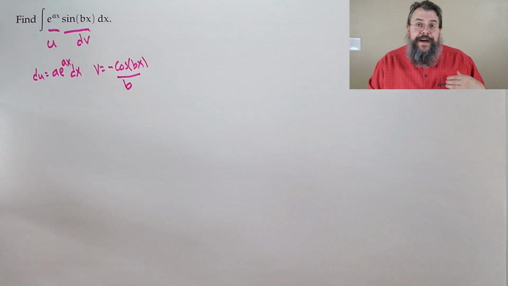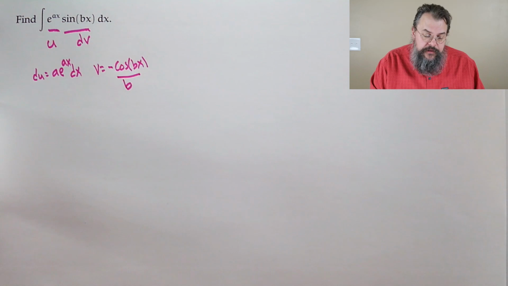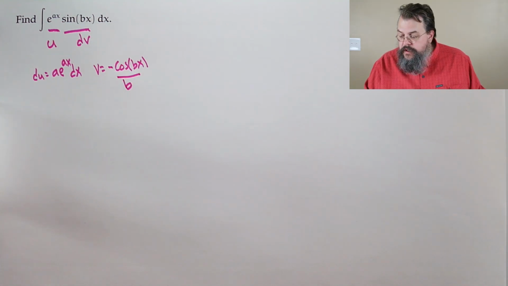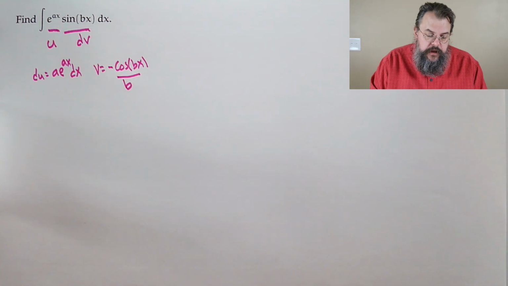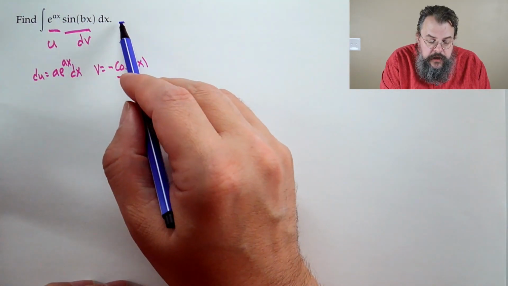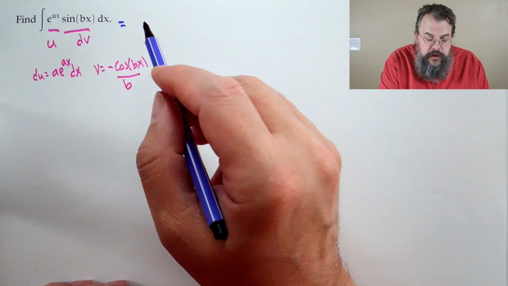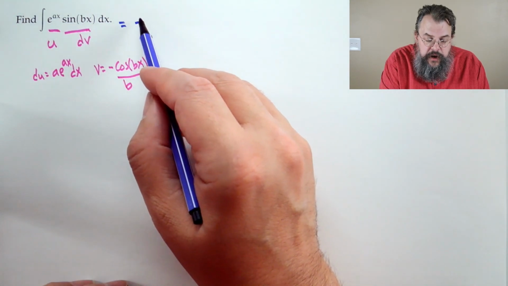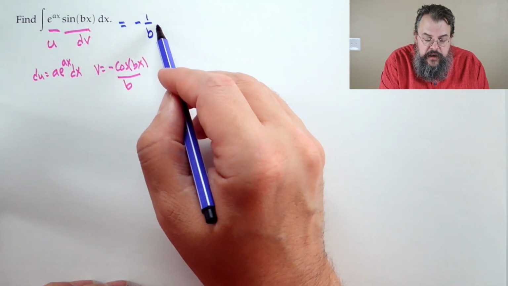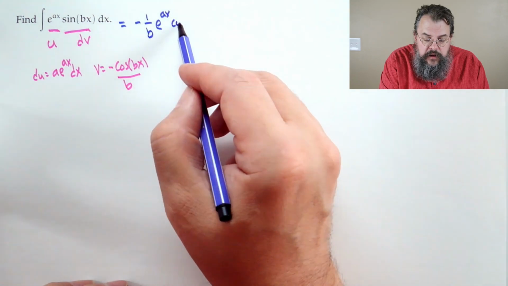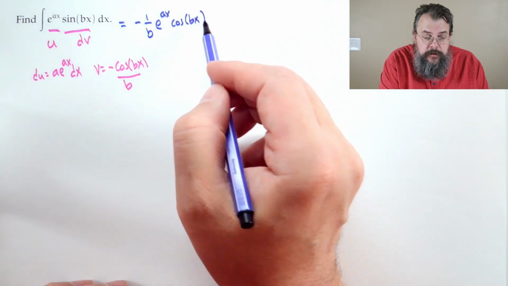All right, so now integration by parts. What does that tell us? It says the following, that this is going to be equal to uv. So I'll put that as minus 1 over b e to the ax cosine of bx.